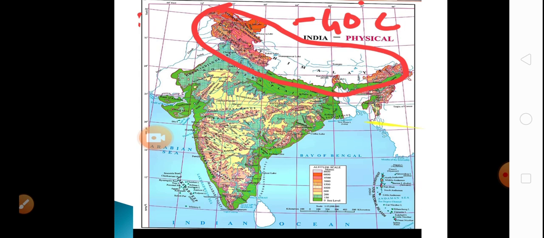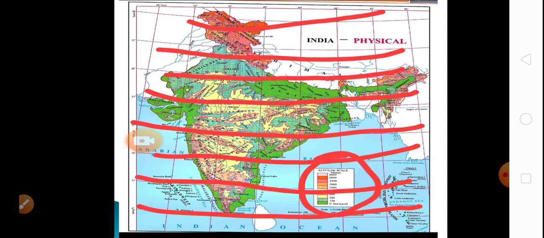Next part is that the latitude and altitude of a place play a very important role in the climatic variations of India. On which latitude the place is, at what altitude the place is, all this plays a very important role in what type of climate that place is going to have.